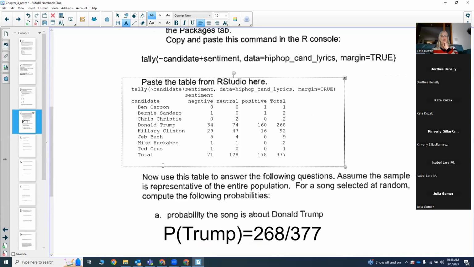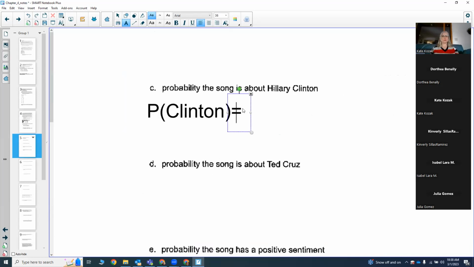So now what's the probability that the song is about Hillary Clinton? 92? So my probability is 92? Is that all my probability is?